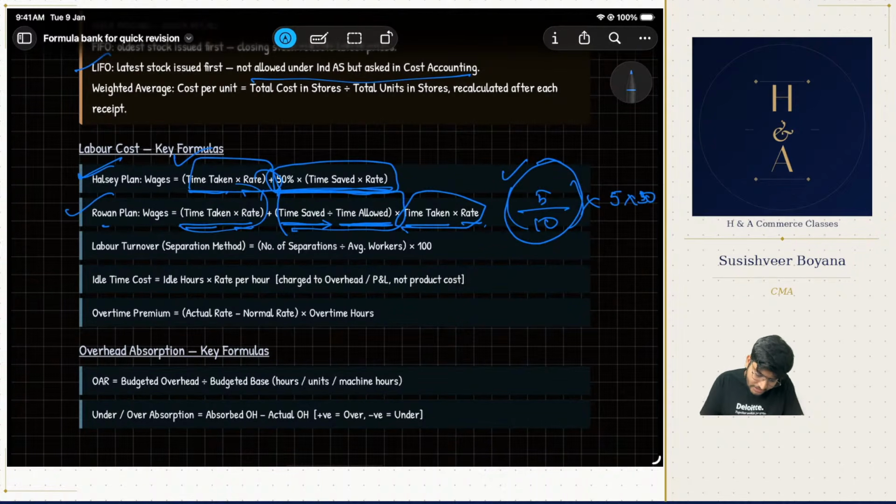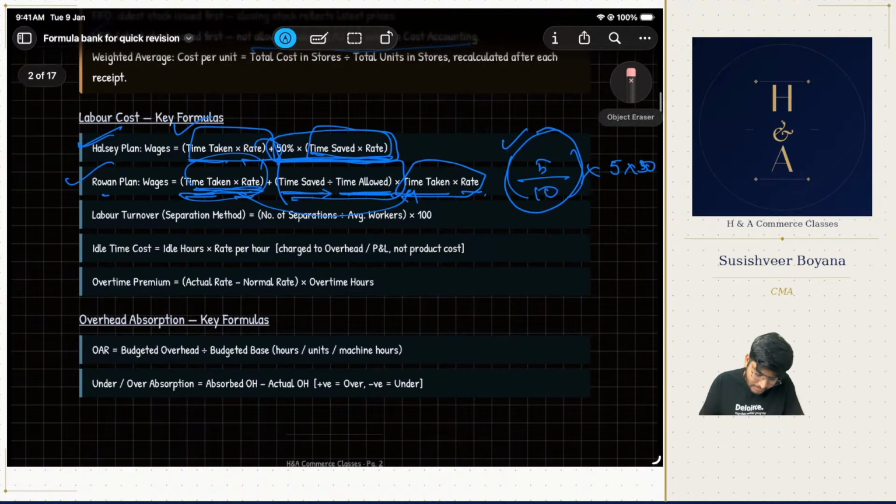I'm going to take the initial and pay you on the base itself. I'm not going to pay you only for the time saved into rate. That is the difference between Halsey and Rowan. So labor turnover is number of separations divided by average number of workers. Idle time is idle hours into rate, that is charged to overheads and P&L, not production cost, right?